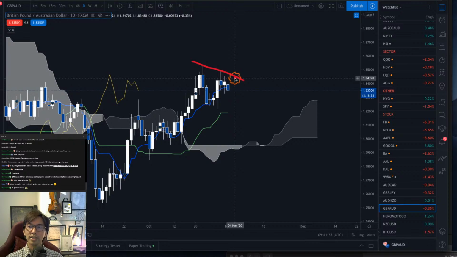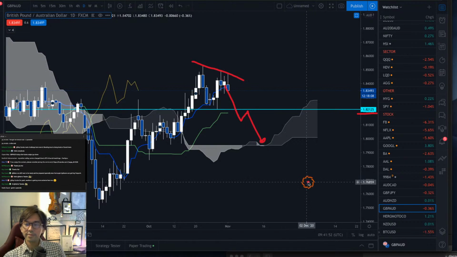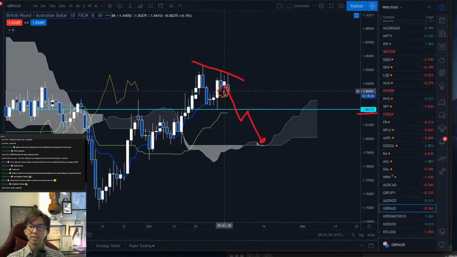It can be drawn like this, and if the market breaks this 1.821 level downwards, then that will be a neckline break, and it might continue to go down all the way to the Kumo. So when it happens, the Kumo will be the potential target on this downtrend.